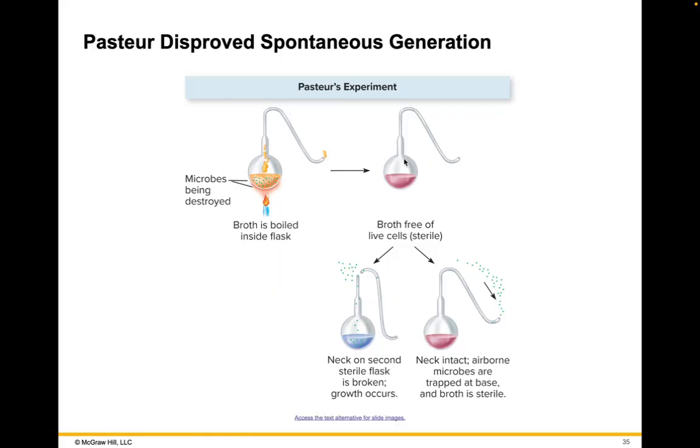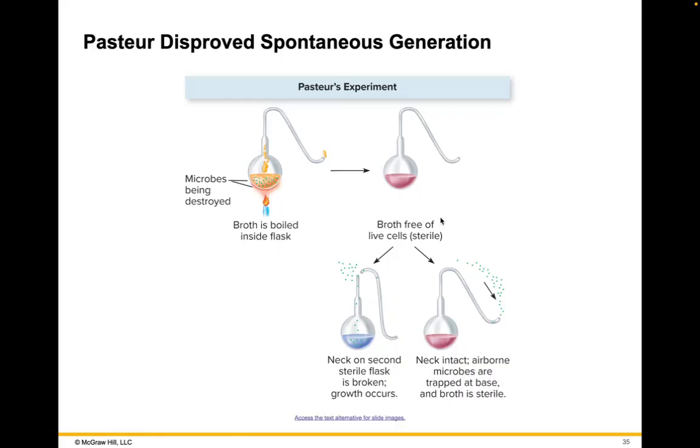And so what he found is there's some broth that, as long as bacteria, fungi, microbes cannot get to it, it will stay sterile. And I hear in a museum somewhere in Europe that there is still broth sitting from Pasteur's experiment. Okay. So as long as you keep it not open to microbes, it will stay sterile.